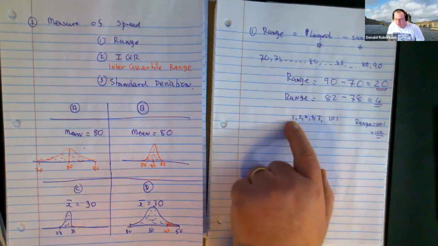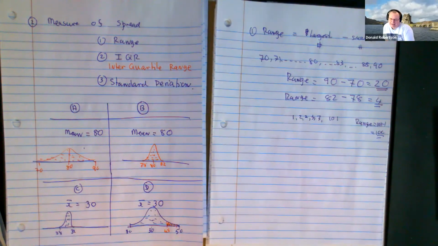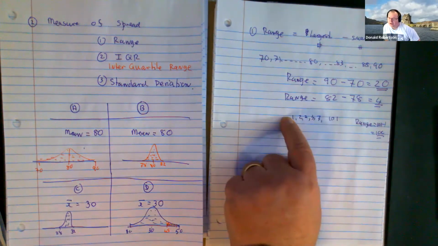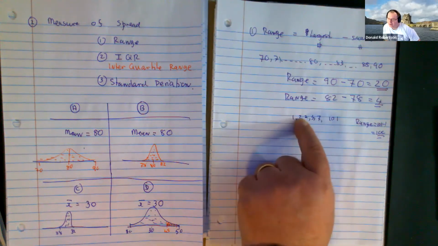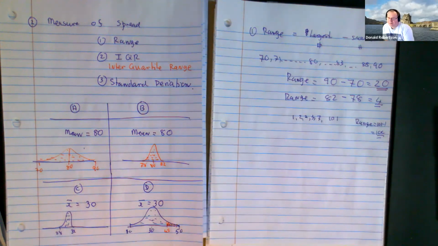When you look at the original data, does that number really reflect what most of the numbers are? Would you agree most of the numbers are between 1 and 7? Do you see how the outlier affects it? And that's typically why we never really use the range much. It's too susceptible to damage, it's too easily affected.